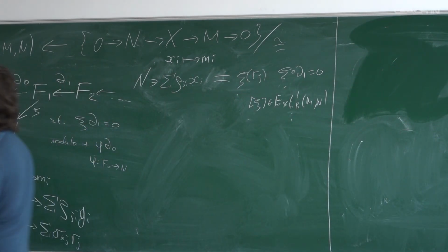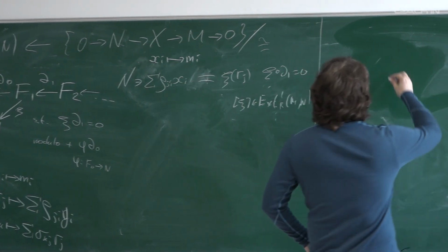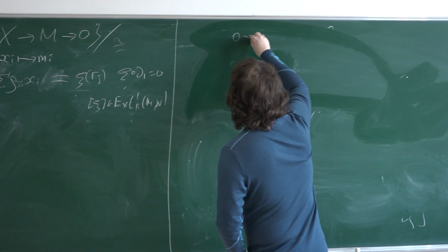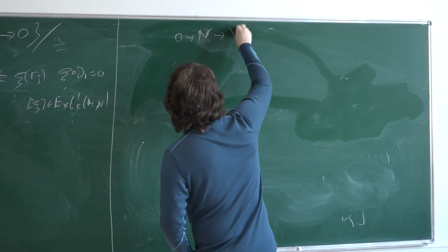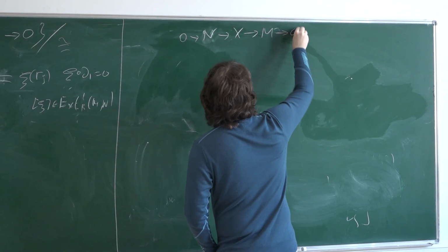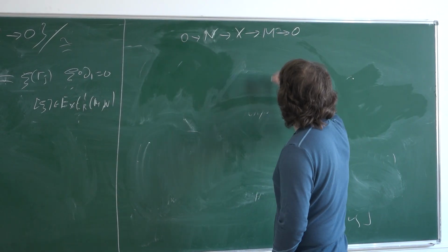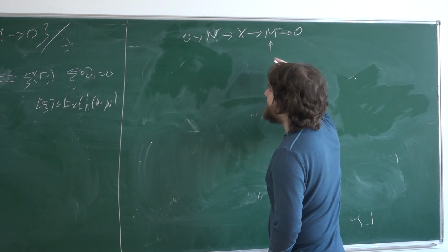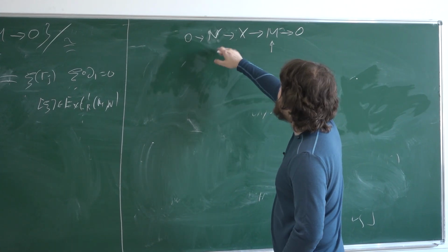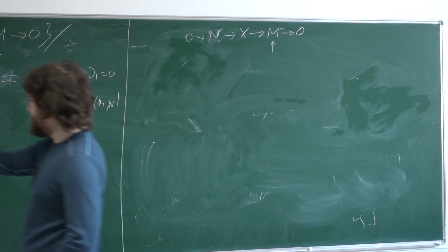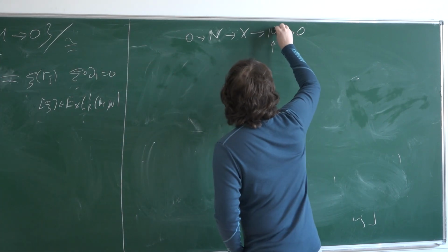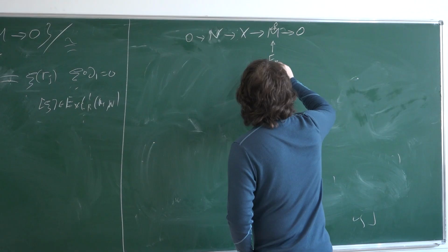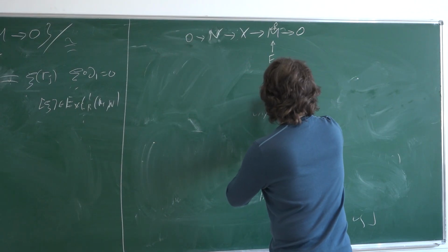How do we obtain the long exact sequence of Ext? We have a short exact sequence of our extension. We consider some free resolution, or some resolution, of M and some resolution of N. We choose some concrete resolution of M. Okay, let's use it, F0, F1.